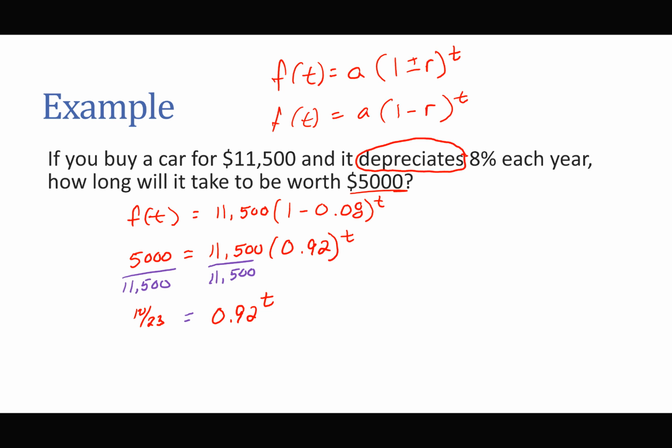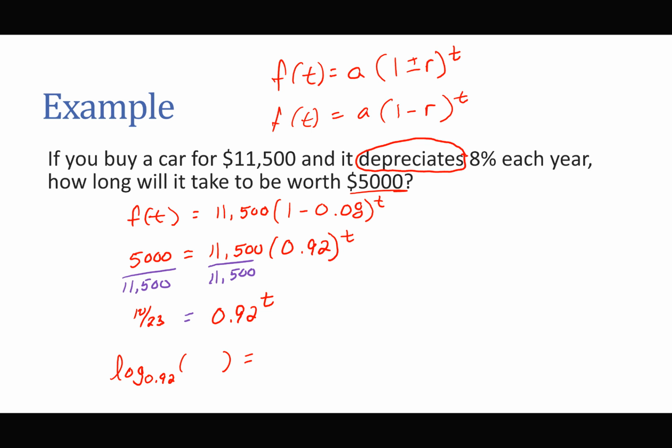I want to write this in log form. So I have to write log base what? What's going to be the base of my log? The base of the log is the same thing as the base of the exponent, which is 0.92. Of what?